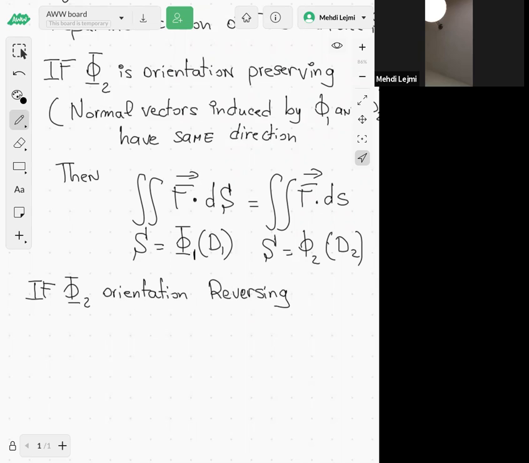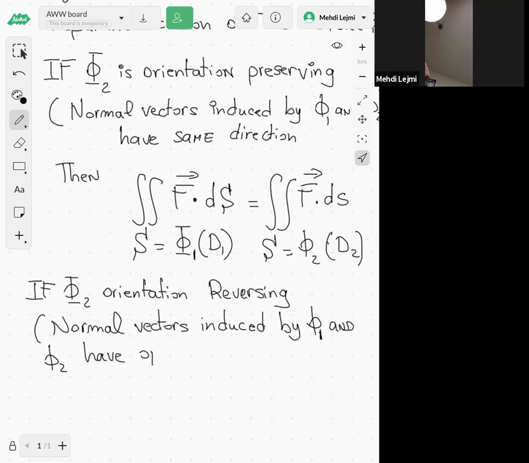Okay. And then if this phi 2 is orientation reversing, that means the normal vectors induced by phi 1 and phi 2 have opposite directions.